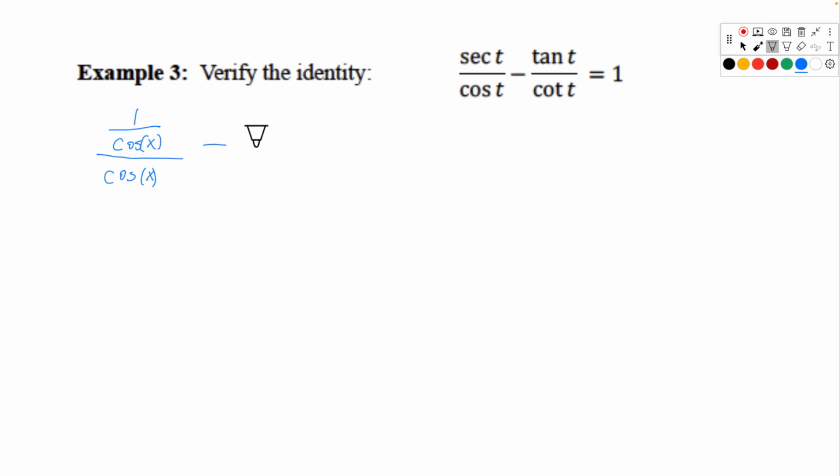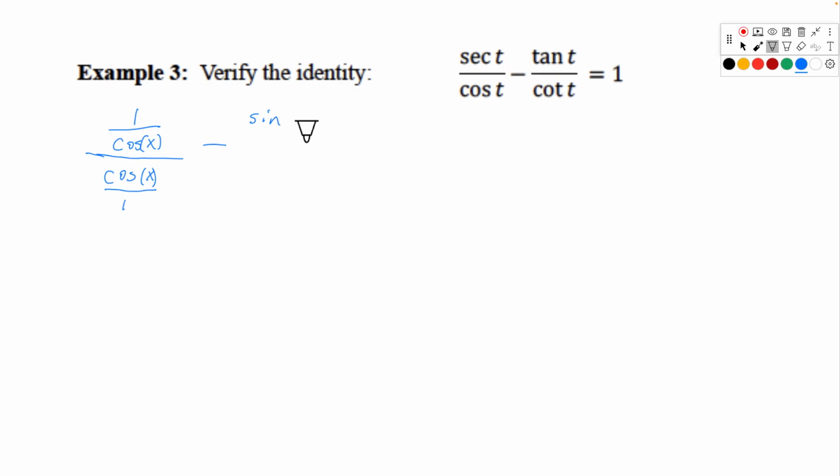Minus tangent is sine over cosine. And actually, just to make it a fraction over a fraction, I'm going to write the denominator here, cosine of x, as cosine x over 1. So I've got a fraction in the top, a fraction in the bottom, and then we're going to divide fractions. To me, it makes it a little easier to line everything up.